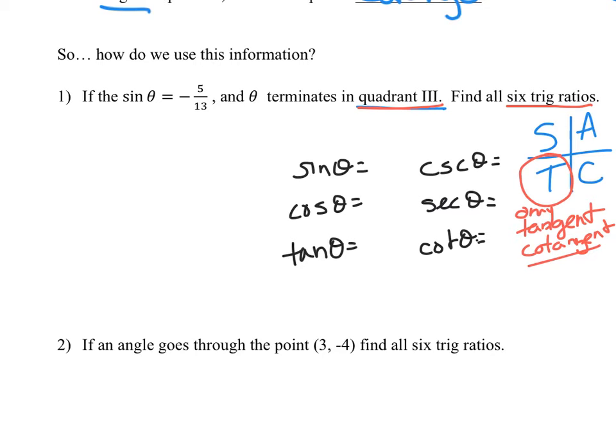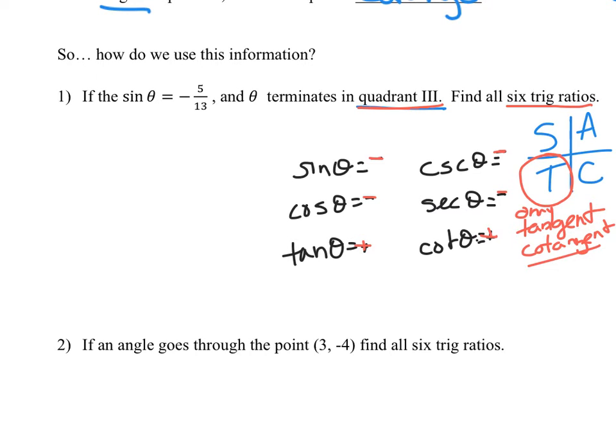So the only ones that are going to be positive are tangent and cotangent, and these 4 are going to be negative. I'm going to run out of room, but you know how that works. So I like to put those signs there. Let's just highlight these signs a little so that I don't have to think about them after.